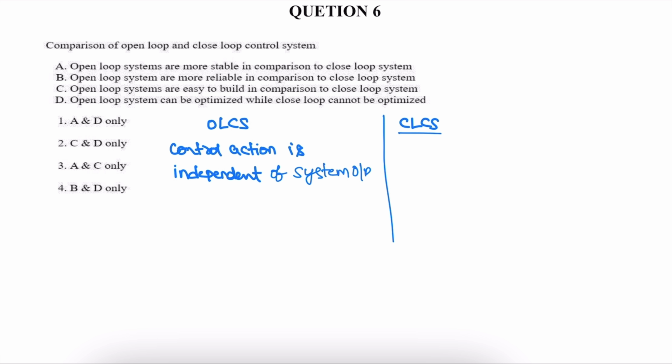But in case of closed loop control system, the control action depends on system output.